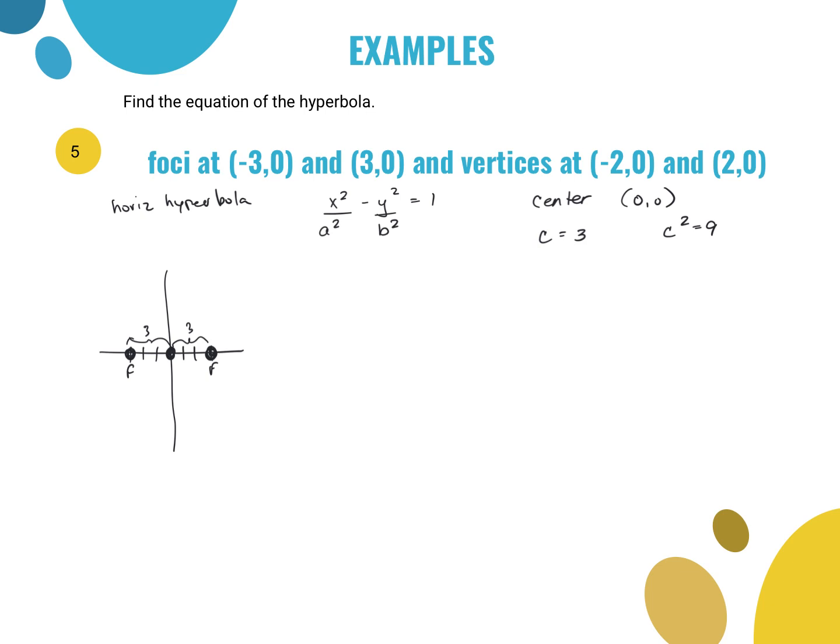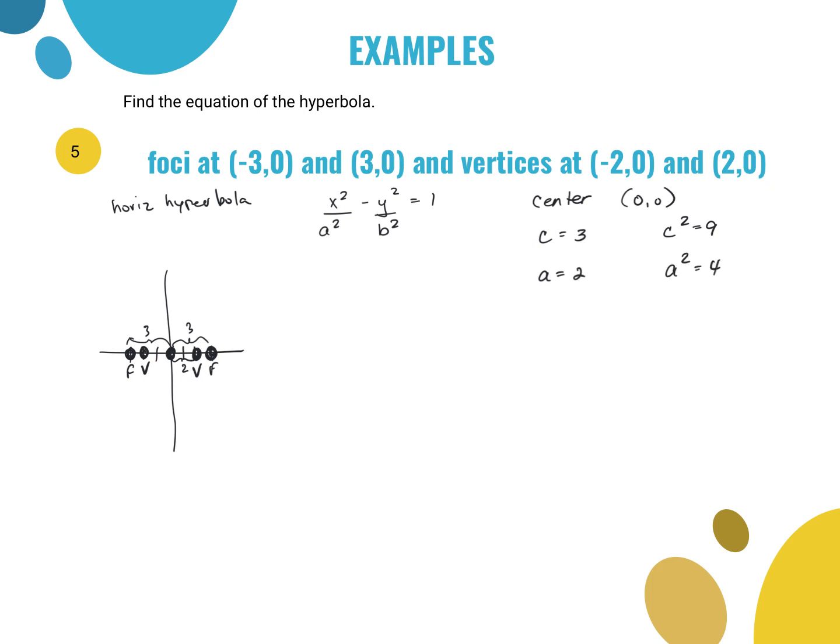Then it tells me that my vertices are at (-2, 0) and (2, 0). The distance between the center and the vertices is my A value. So A is 2 units and A squared is 4.